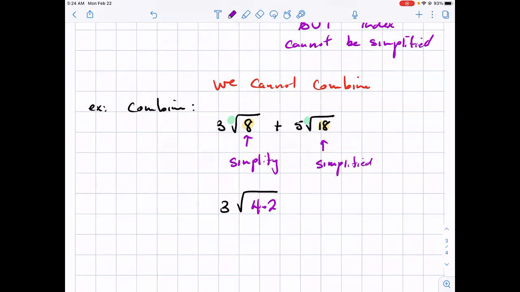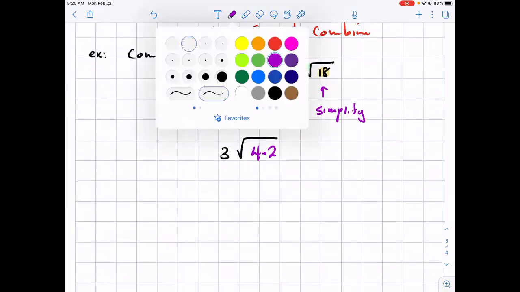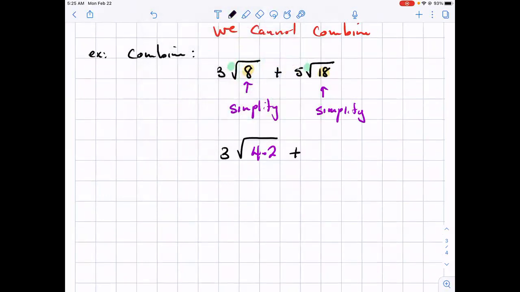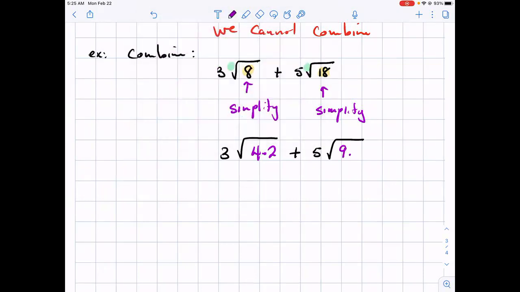And if we simplify that portion also, the plus sign comes down, the 5, the radical, and 2 numbers multiplied to give 18, one of them a perfect square, that would be 9 times 2.